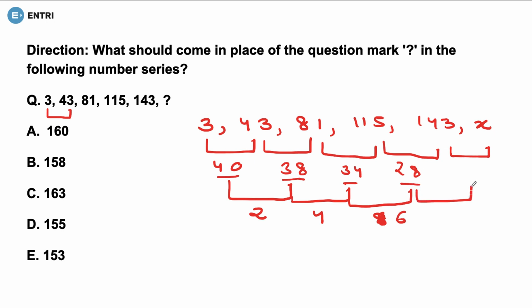Now, we don't know its difference. Now we can do one thing. We can just see what sequence order is here. It's 2, then 4, then 6. That means here 2 stable is going on, isn't it? So it would be 8 here for sure.